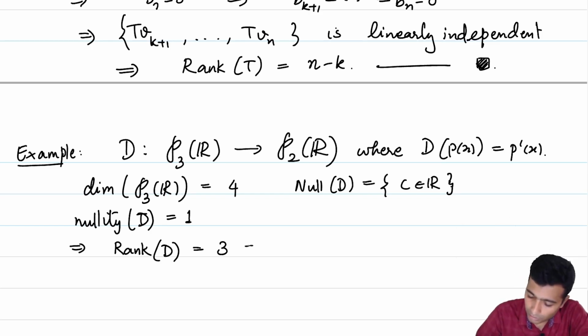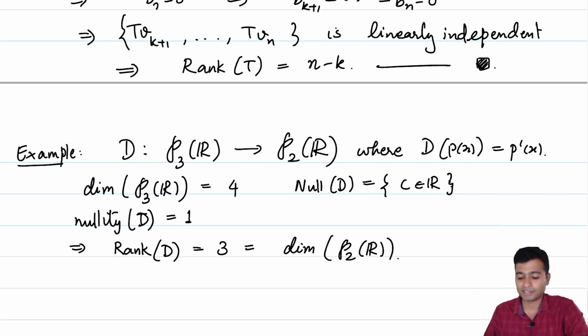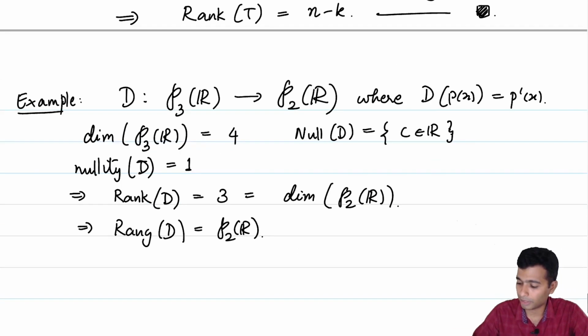But observe that this is equal to the dimension of P2(R), which indicates that D is a surjective map. Basically, the range of D hence is equal to P2(R) entirely. So, what does it mean to say that?